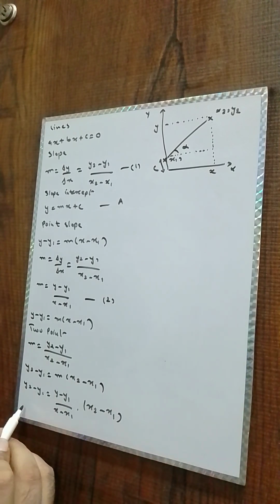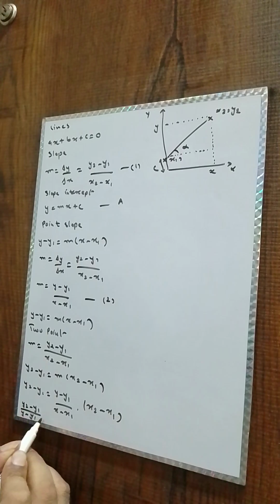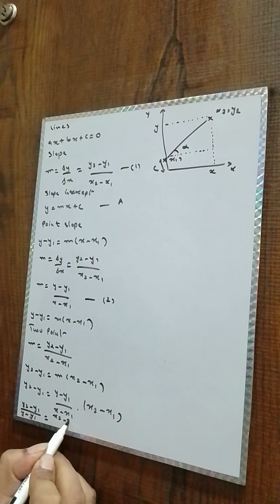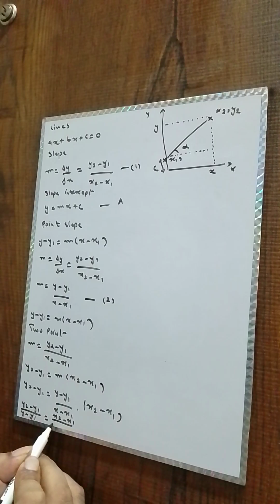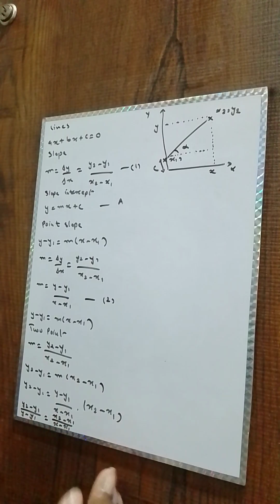Or simply we can have (y2 minus y1) by (y minus y1) is equal to (x2 minus x1) by (x minus x1).